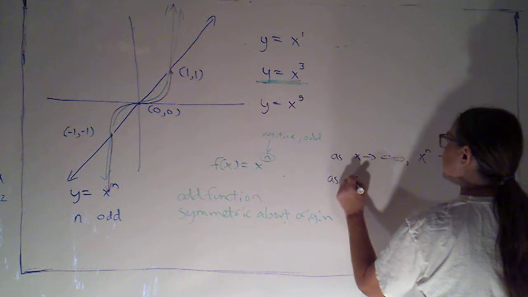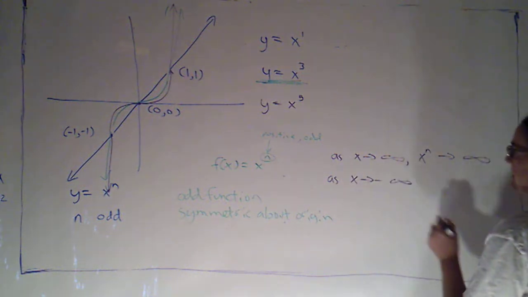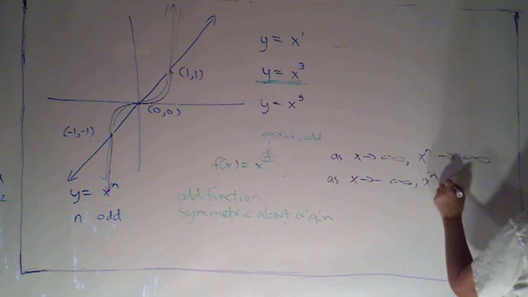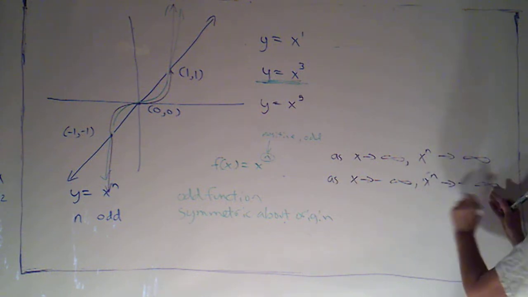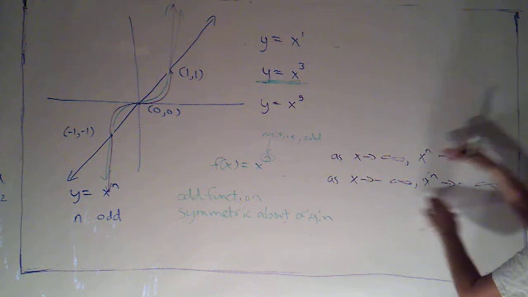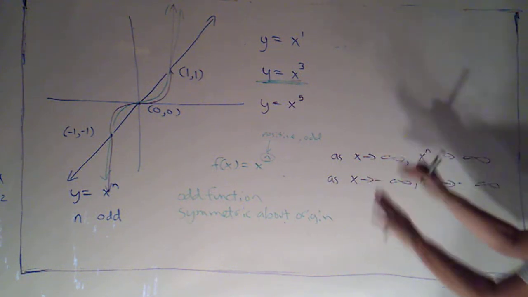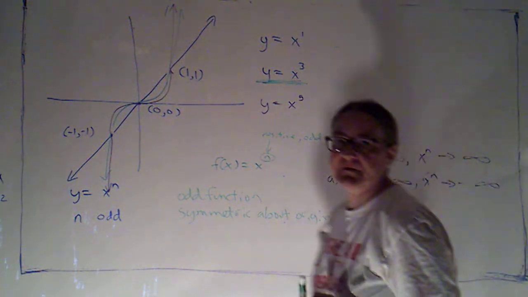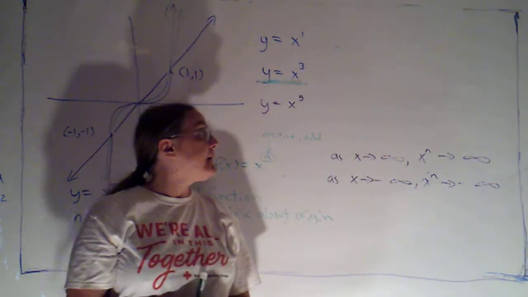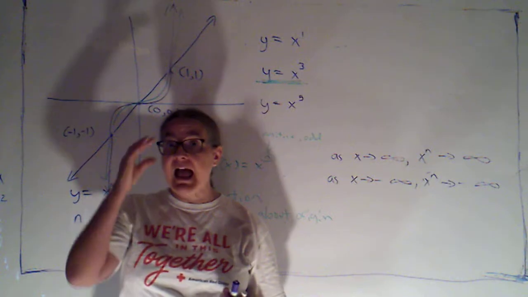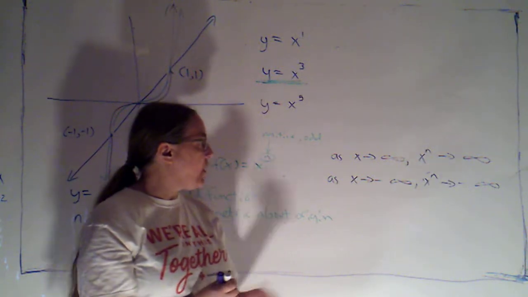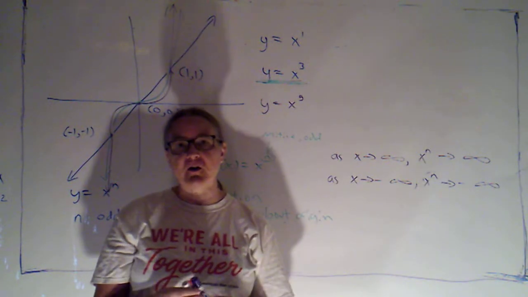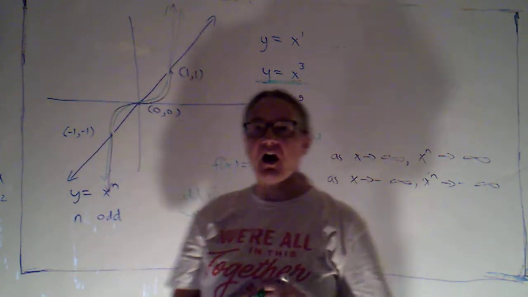But now I can say as x goes to negative infinity, x to the n is going to go to negative infinity. Notice, opposite inputs, big and positive, big and negative, give me opposite results. Okay. So when I'm looking at a power of x, it's important to know if I'm going to negative infinity, whether that power is even or odd.